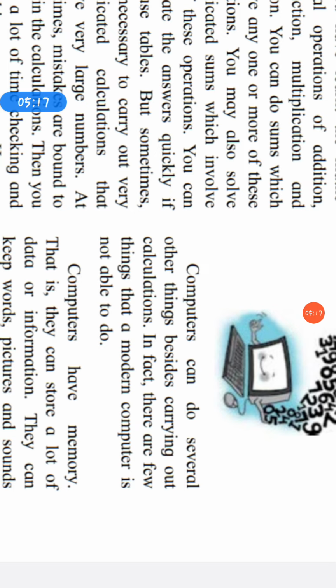Computers can do several other things besides carrying out calculations. In fact, there are few things that a modern computer is not able to do. See, a computer is not used only for calculation, it is used for so many things.